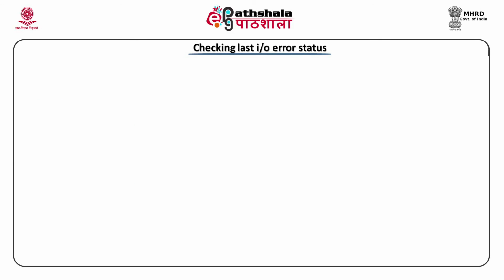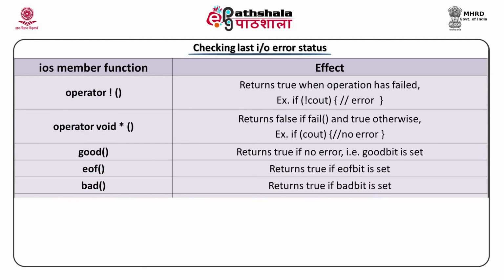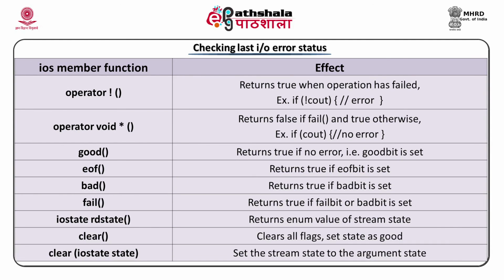To check these error bits, either we can simply use those constants for the error bits in the if statement, or C++ provides some member functions also in the class, like the overloaded operator void star, good function, eof function, bad function, fail function, and the return values are all self-explanatory as given in this table.